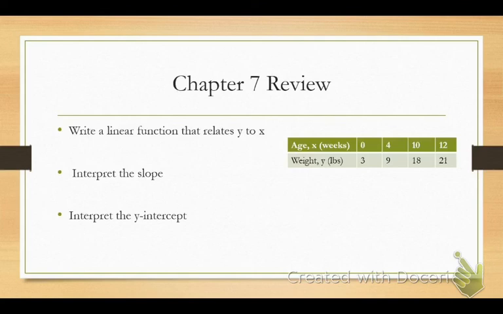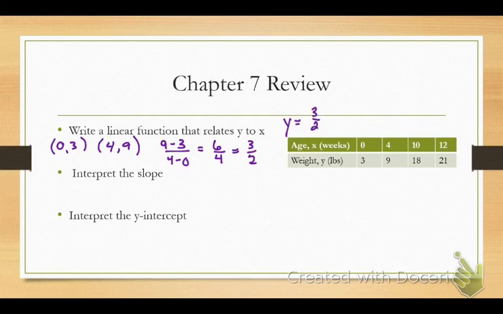When you pulled out your ordered pairs, 0 and 3 and 4 and 9, and you subtracted 9 minus 3 over 4 minus 0, you got 6 over 4 and reduced to 3 over 2. Y equals 3 over 2x plus what?